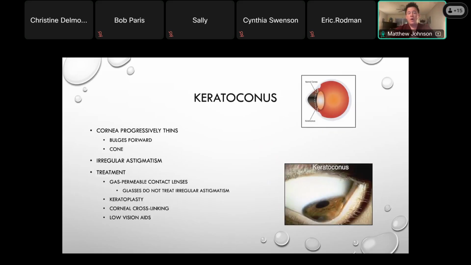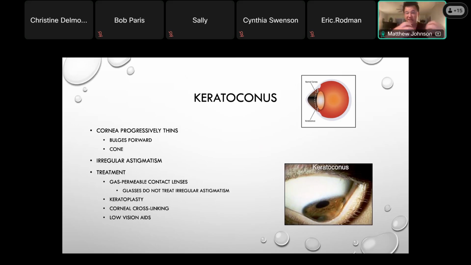What happens is the cornea progressively thins. Think of a balloon: as you blow it up, the material, the latex or whatever it's made of, gets thinner and thinner, and in that spot it causes the balloon to expand.